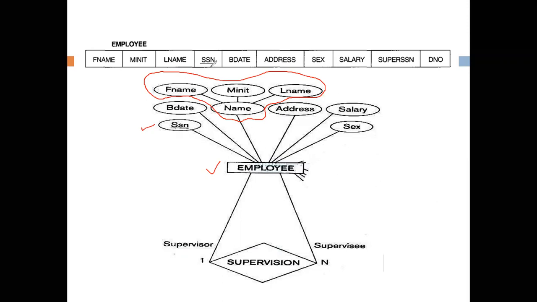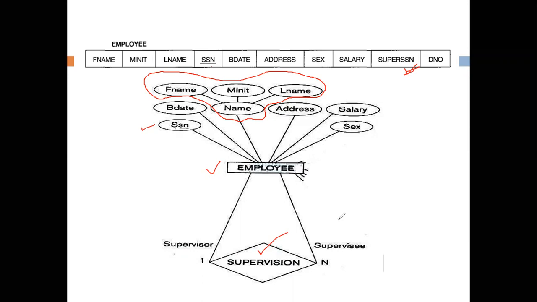For each employee there is a manager, or super SSN. This person acts as a manager of this employee. So there is a relationship between one employee and another employee. That relationship is mentioned over here, which is the supervision.